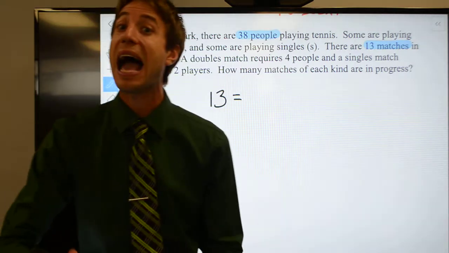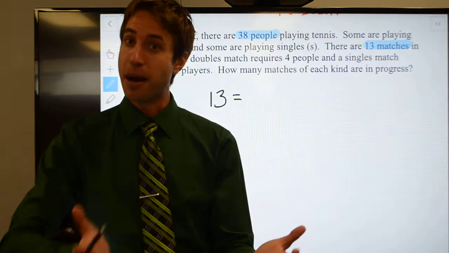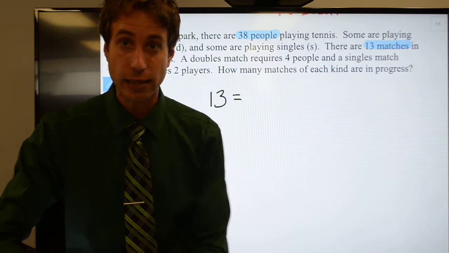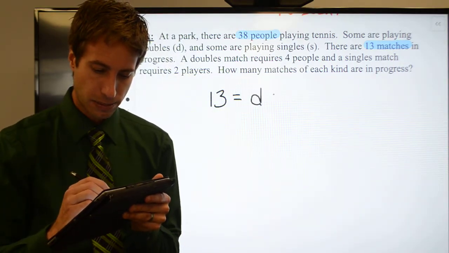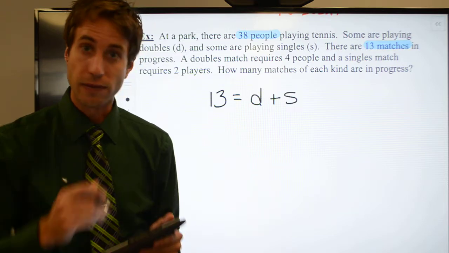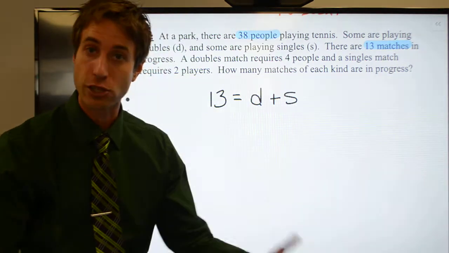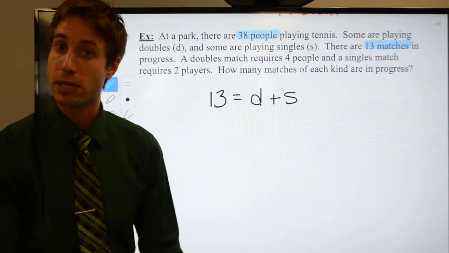If I added the doubles plus the singles, all the doubles matches and all of the singles tennis matches being played, the total would be 13. So there's our first equation.